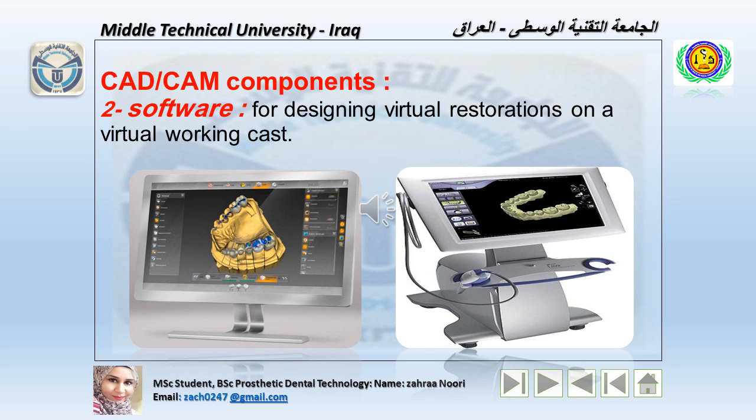Okay, now we have two images in this slide of the second part of the CAD components. The second part is software for designing the virtual restoration on a virtual working cast and then computing the milling parameters. Many software packages already come with data libraries with the settings of many different implants, favoring the adaptation of the manufactured components.